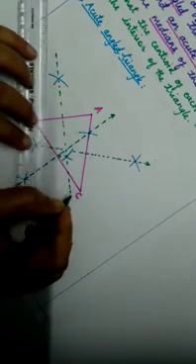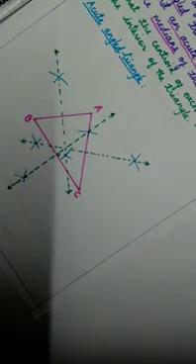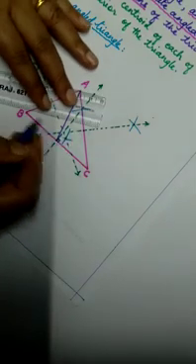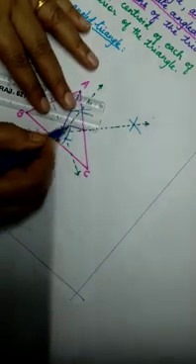Now see, all of the perpendicular bisectors we have drawn. Okay children, now we will draw the median. The next part is the median. From A we will join to this point where the perpendicular bisector meets BC. From B, towards AC, where is the midpoint of AC? This point. So we will join B to that midpoint.